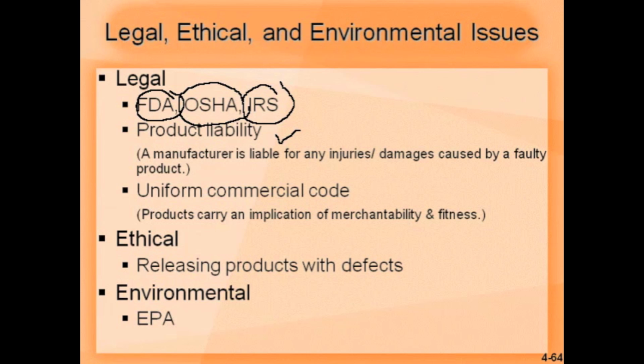Product liability. A manufacturer is liable for any injuries or damages caused by a faulty product. For example, if an automobile company has sold a vehicle, and when the customer is using that vehicle there is a brake failure because of manufacturer fault and the driver gets injured because of that, obviously such things should not happen very often.